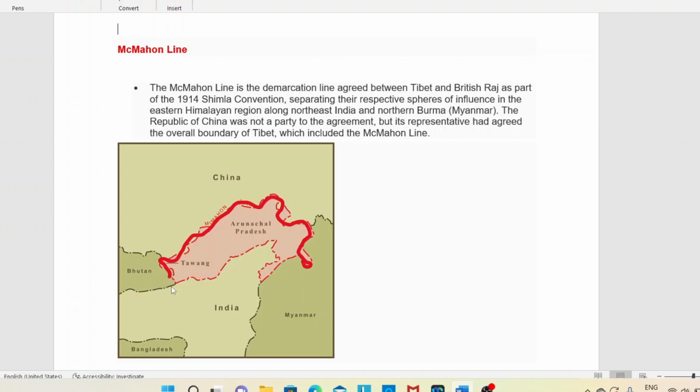This is the location of China. This is about the McMahon Line, between Tibet and the British Raj, today between India and China in the state of Arunachal Pradesh.